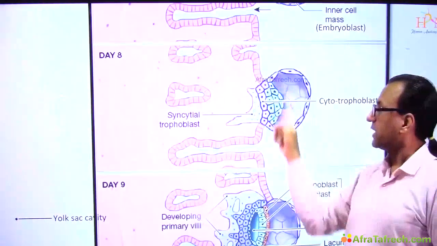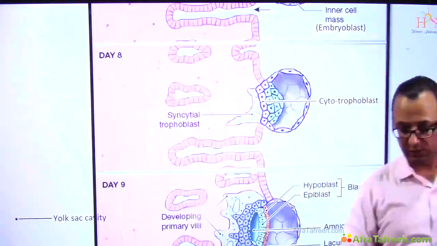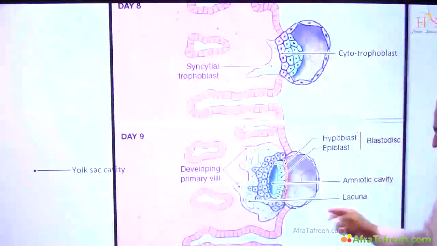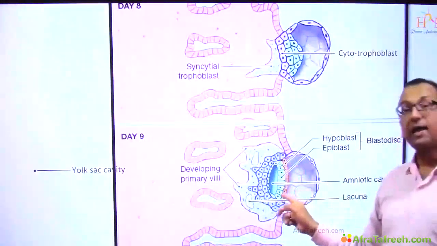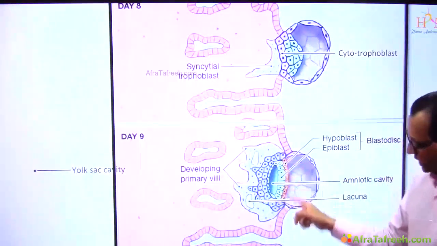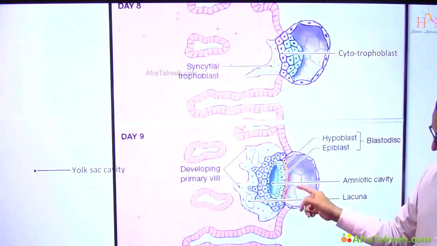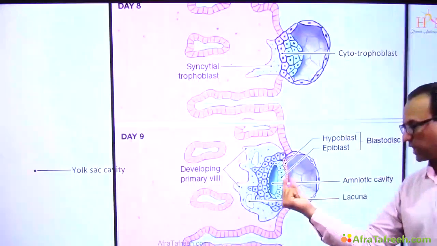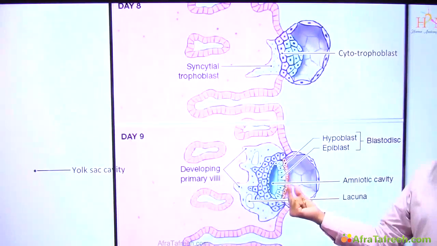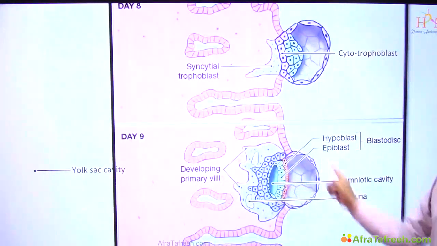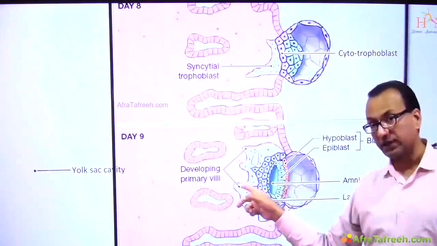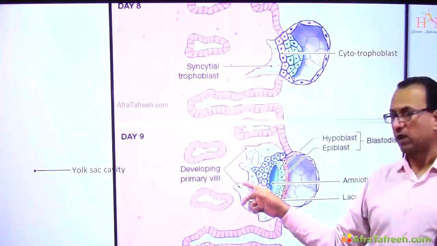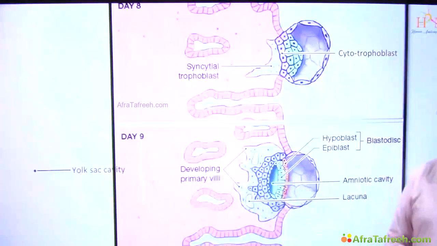In the inner cell mass, there are two types of cells which we are talking about. You see, there will be a dorsal cell, epiblast, and a ventral cell, hypoblast. Let us talk more about the epiblast and hypoblast, which came from the inner cell mass, and the cytotrophoblast and syncytiotrophoblast, which came from the trophoblast. This is the implantation going on.